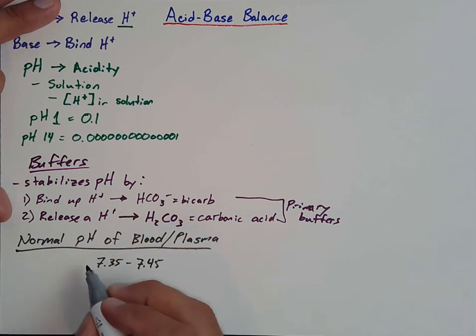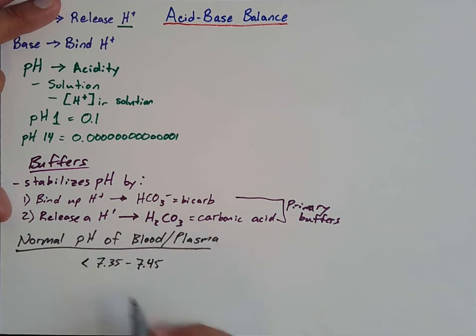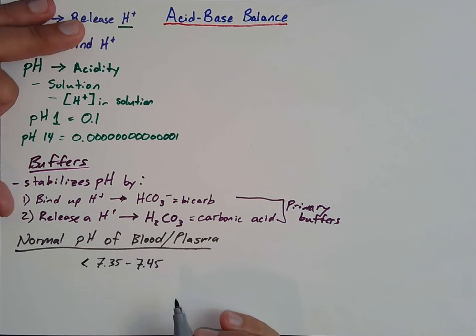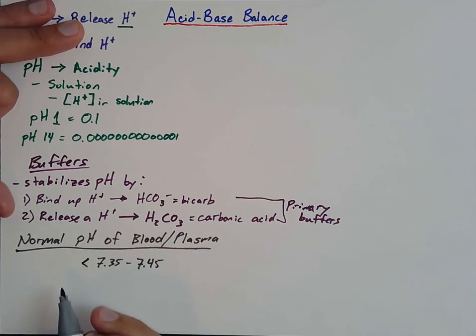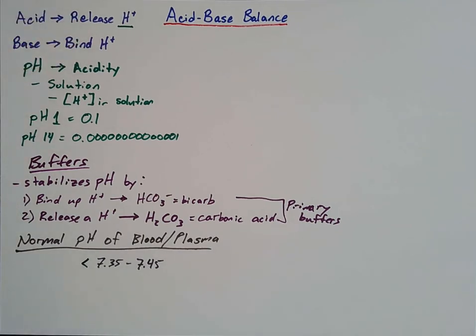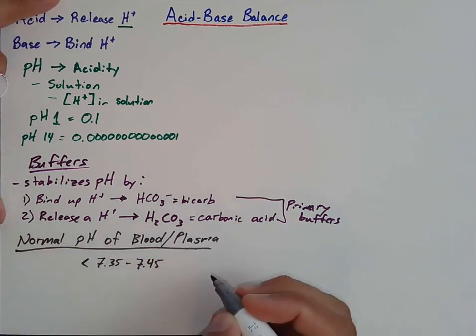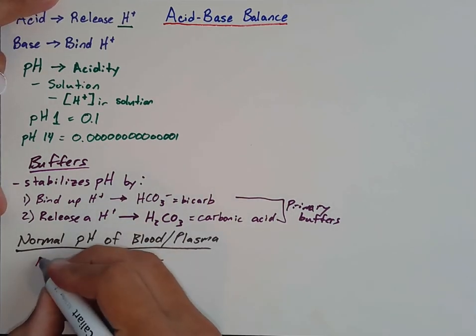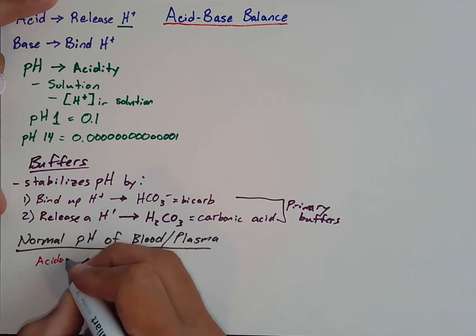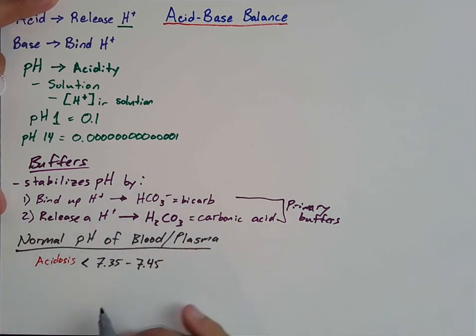So what if the blood starts to drop below 7.35? What if it's 7.25? Are we acidic? Nah. But are we more acidic relative to 7.35? Yes. So anything less than 7.35 we call acidosis because it is relatively more acidic than 7.35.